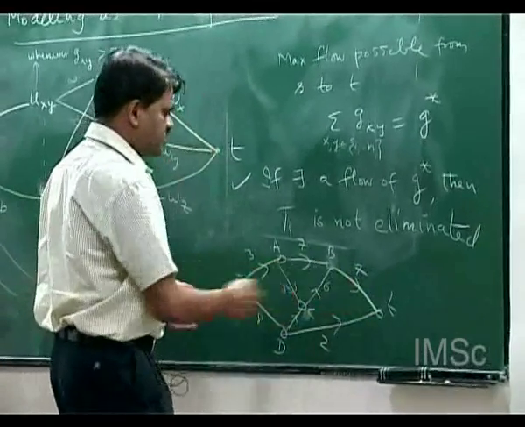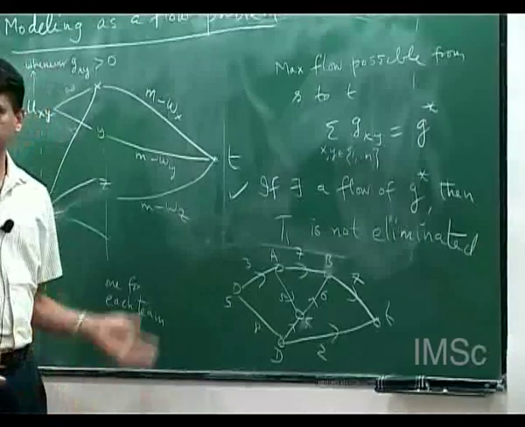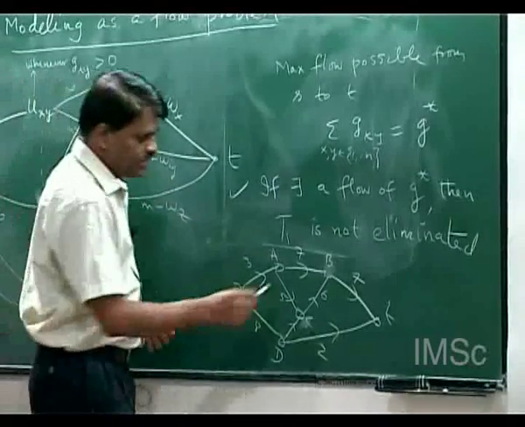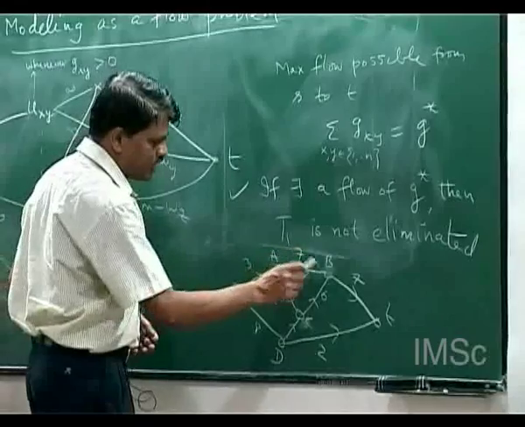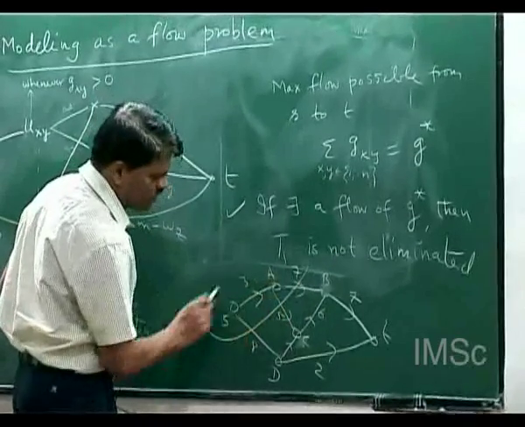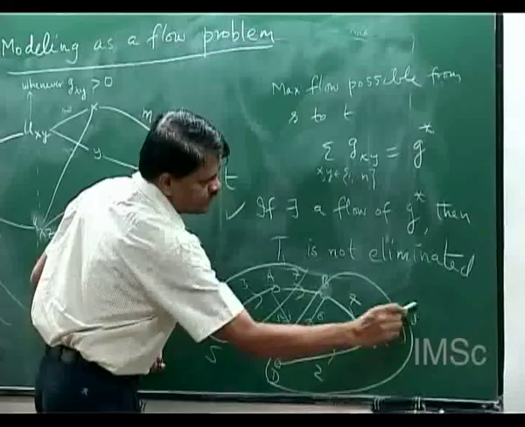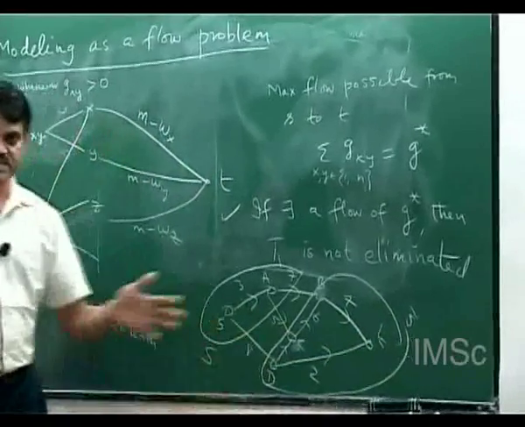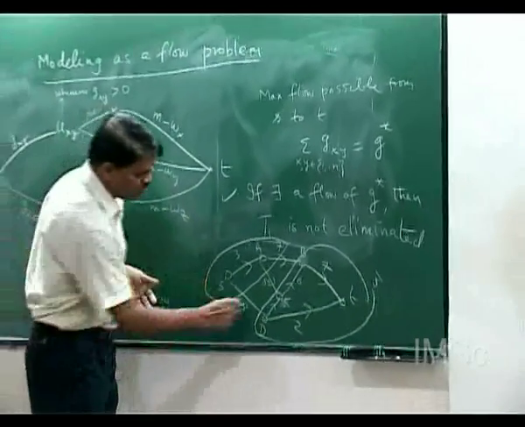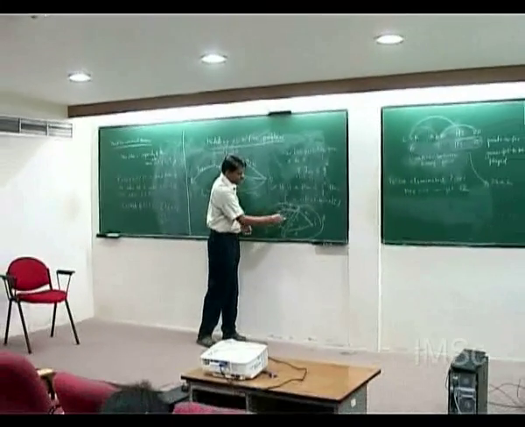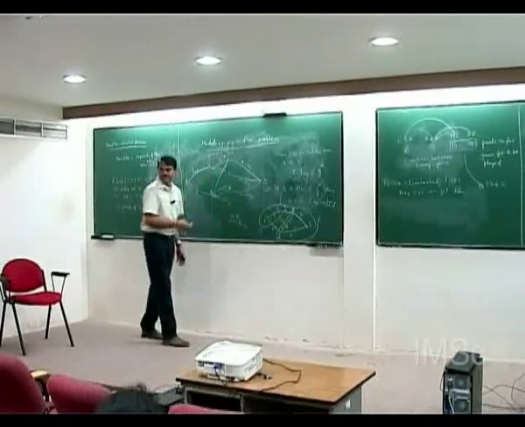So these are the capacities and this is the flow network. Then I want to find the maximum flow possible, and a cut is simply some partition of the vertex set. I can say, oh, this is S and the remaining is S bar, a partition of the vertex set, and you look at all edges that go from S to S bar. In this case, there's 3 edges, add the capacities, and that's the capacity of the cut.